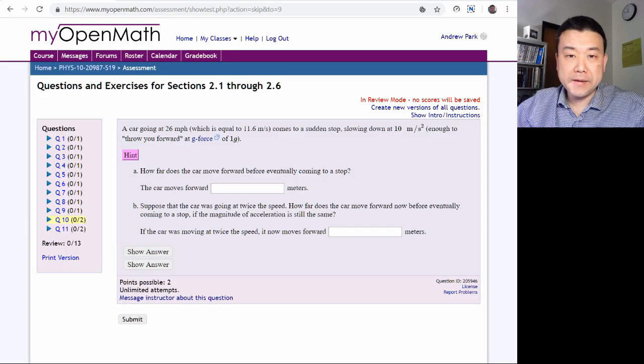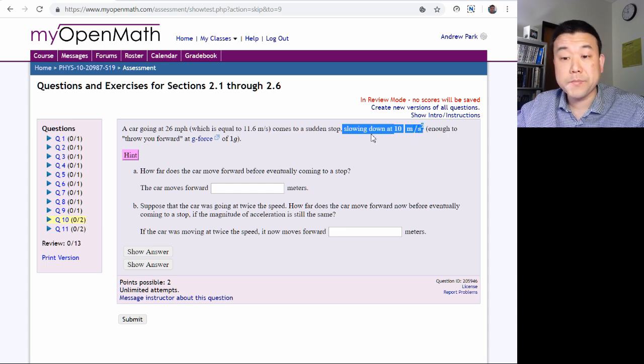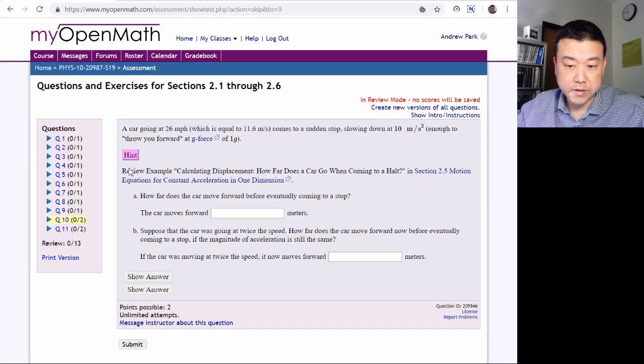Hi, this is the third and the last homework help video on constant acceleration motion. So this is the question we are looking at. A car moving at some speed initially comes to a sudden stop, accelerating at a given rate. This is what some people might call negative acceleration. And like with other homework questions so far, there's a hint.